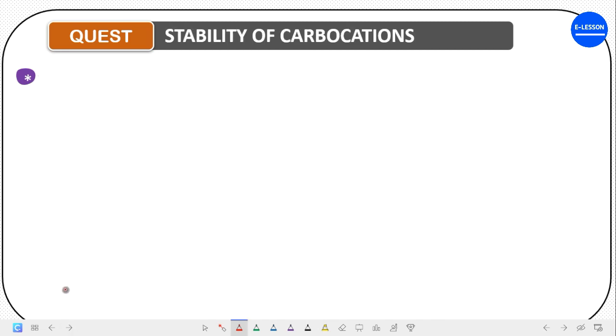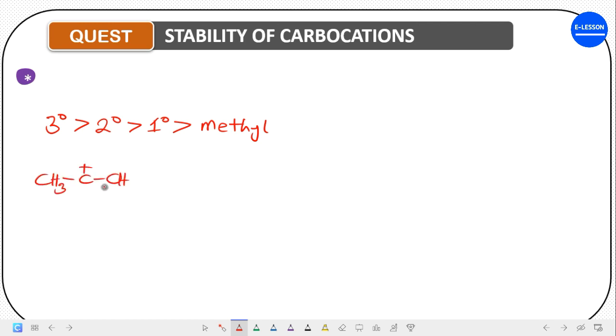Now, the stability of the carbocation. We've talked about that, right? That tertiary carbocations are more stable than secondary, which are more stable than primary, which are more stable than methyl carbocation. Okay? Now, a tertiary carbocation is one like this, or let me use an R group to represent it. A tertiary carbocation is one like this, the one that you have C with three R groups, positive.